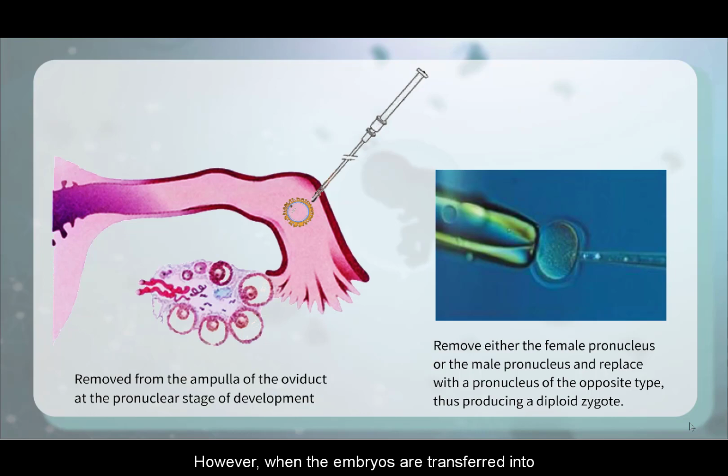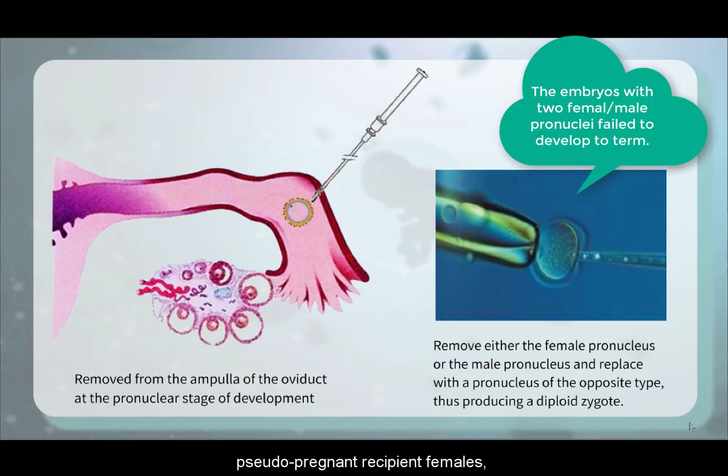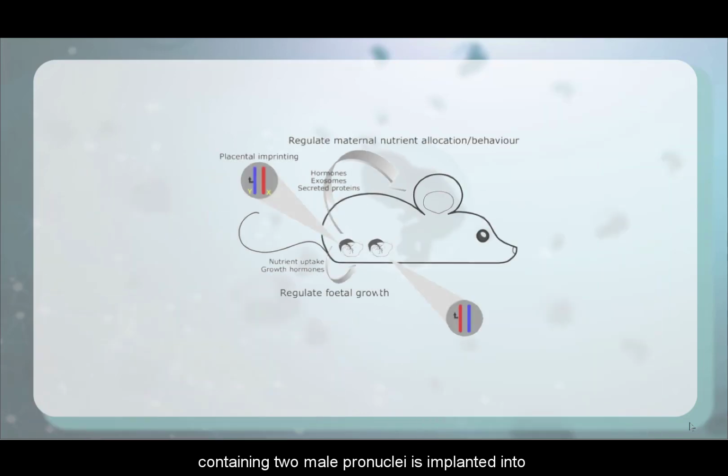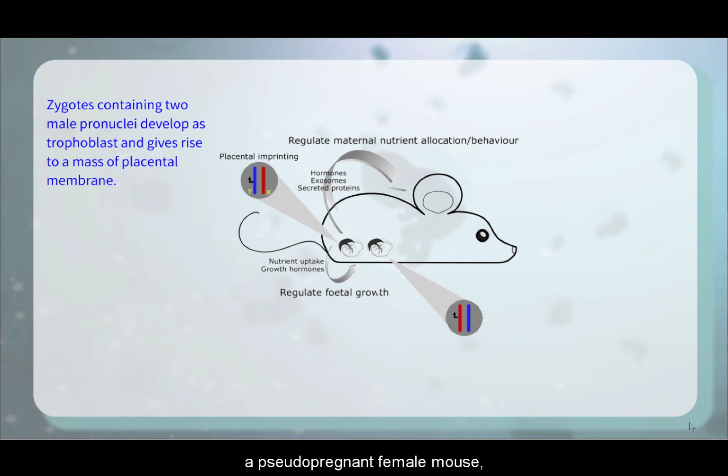However, when the embryos were transferred into pseudopregnant recipient females, the embryos failed to develop to term. When an experimental zygote containing two male pronuclei is implanted into a pseudopregnant female mouse, it develops as a trophoblast and gives rise to a mass of placental membranes.